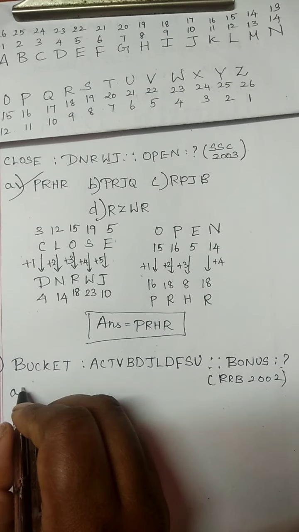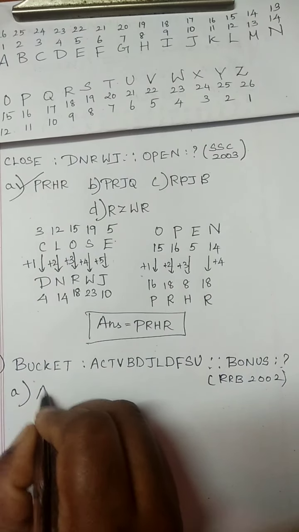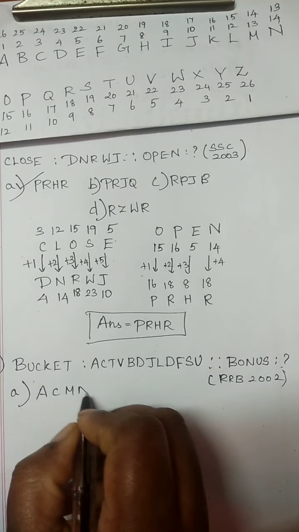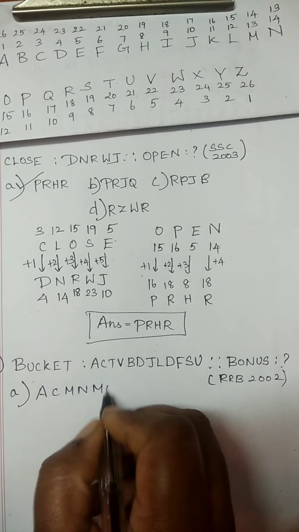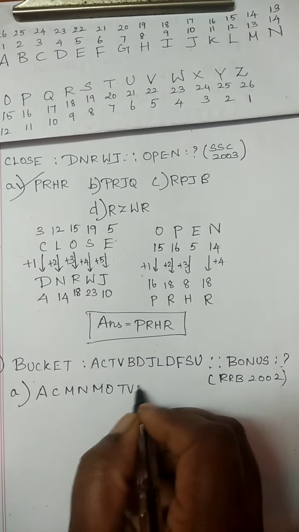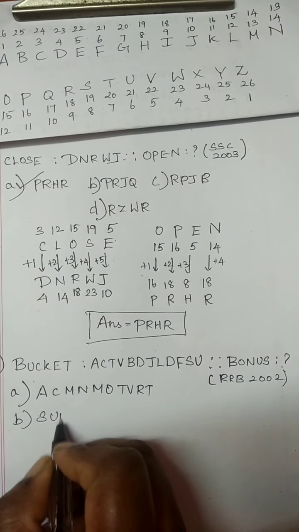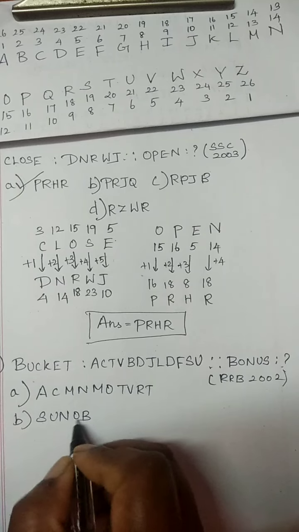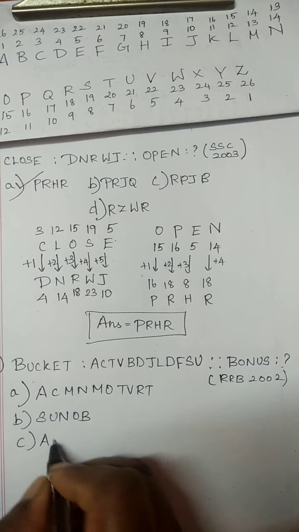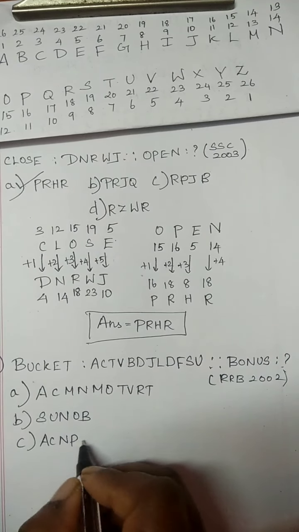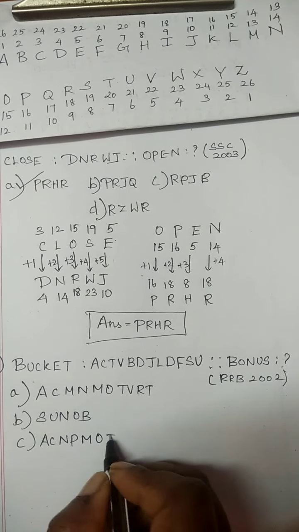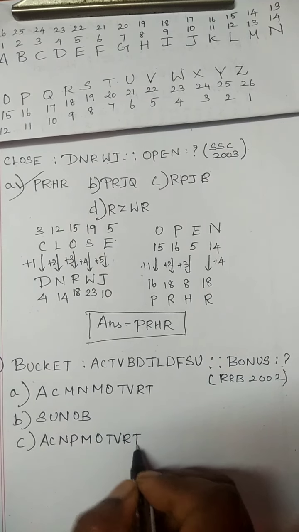And they give 4 options. A is ACMNMOTVT. Then B option is SUNOB. C is ACNPMOTVT.